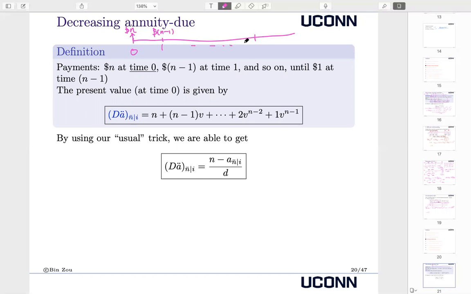Okay, and then it's n minus 2, n minus 1. Here's n, here's 1, here's 2. When we calculate the a double dot angle n, it is at time 0. So s double dot angle n is at time n.